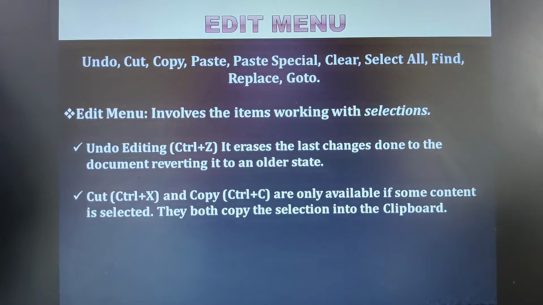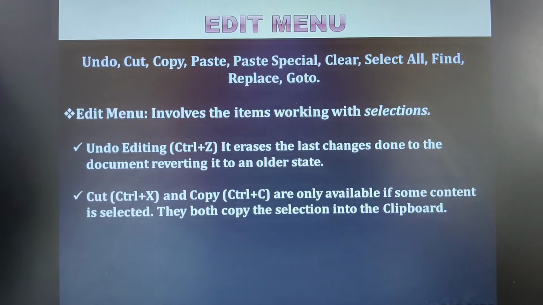Clipboard is a part of the computer memory where it holds the recent contents. And the very next time when you go for copy, whatever content is there in the clipboard, the very recent content, the same thing will be copied.